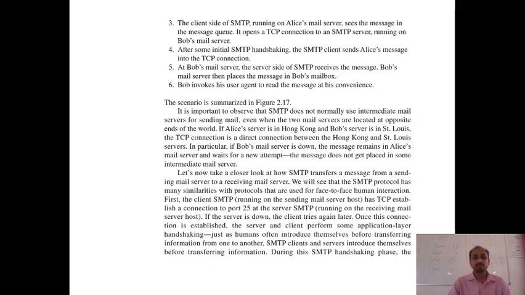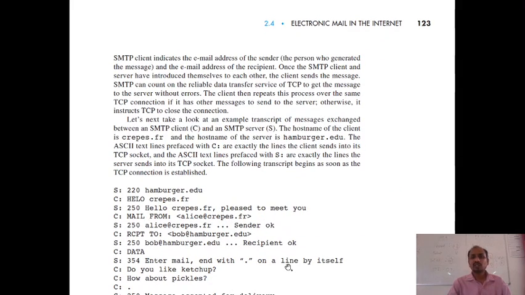Normally, once the connection is established between the client and the server mailbox, they introduce themselves, they get a connection, and everything is done. Now the SMTP client indicates that it has a message to send to this email address. Then the client sends the message.